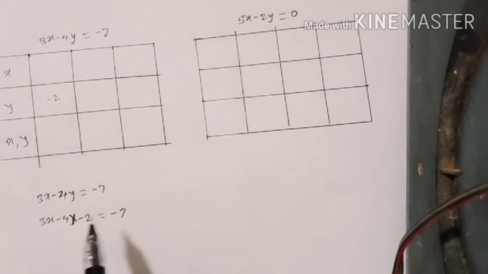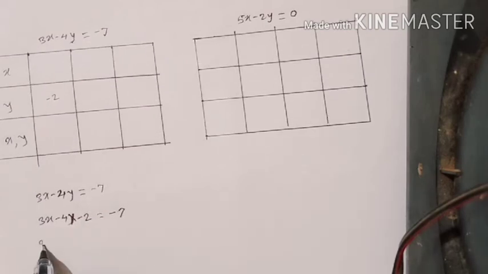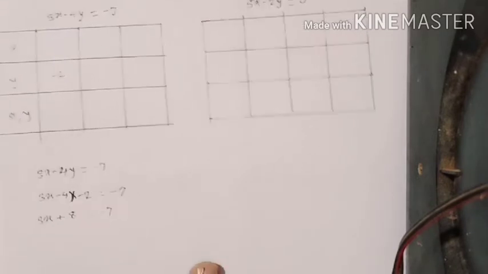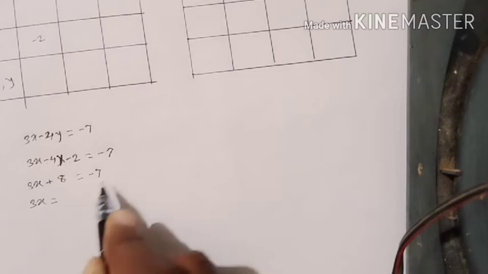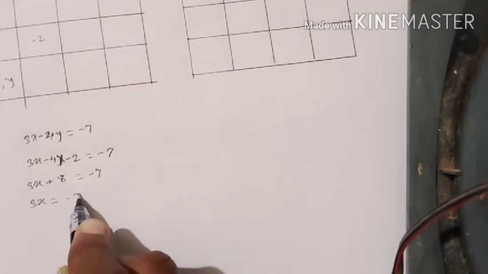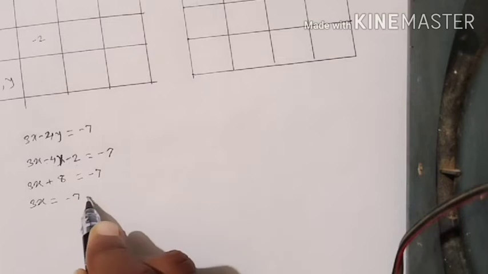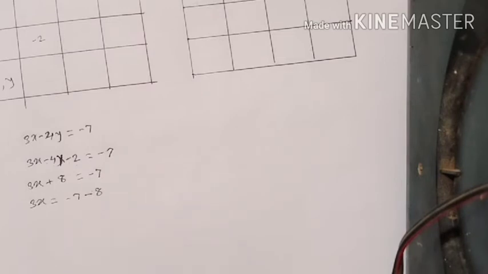The value of y is -2 here. Therefore 3x plus 4 into 2 is 8, is equal to -7. Now see here, 3x is equal to this -7, and plus 8 becomes here -8.